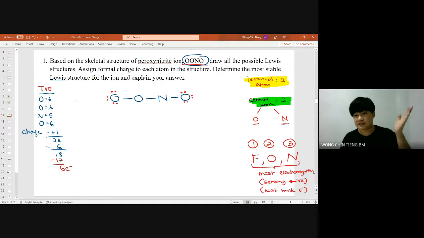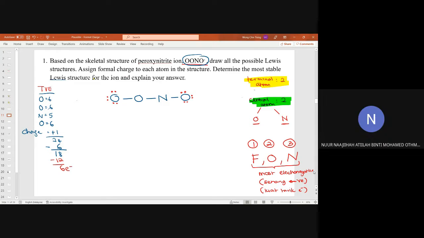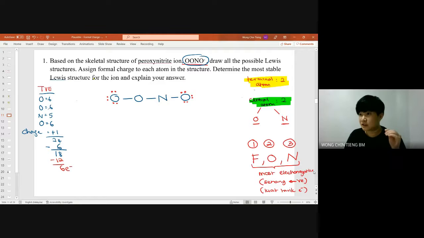And FON, saya rasa senang nak ingat FON. This is in the entire periodic table, they are the most electronegative. Starting off with your fluorine, followed by oxygen, nitrogen. So, Jiha, antara oksigen dengan nitrogen sekali lagi, siapa yang akan berjaya tarik elektron duduk kat dia terlebih dahulu? Oksigen, betul?